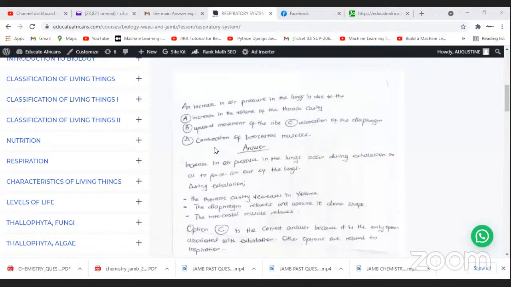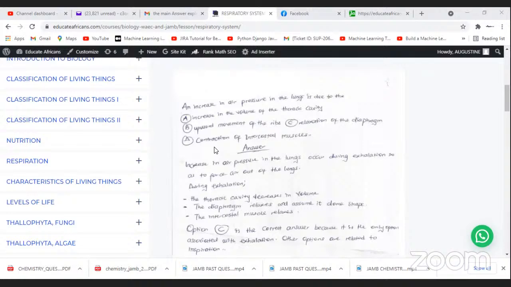Okay, let's continue. So, an increase in air pressure in the lungs is due to relaxation of the diaphragm. Increase in air pressure in the lungs occurs during exhalation, so as to force air out of the lungs, and it results from the diaphragm relaxing and assuming the dome shape.